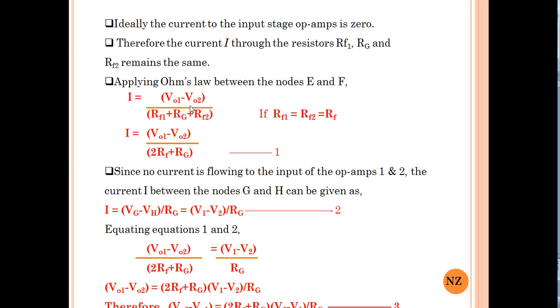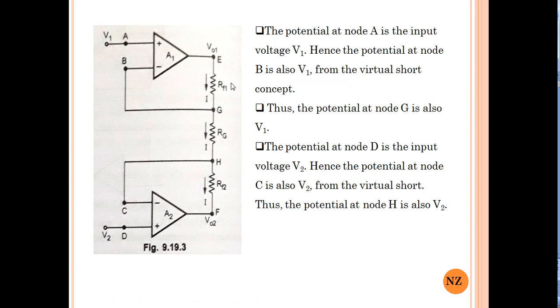By applying Ohm's law, we have the current I equal to V01 minus V02 divided by RF1 plus RG plus RF2, that is V01 minus V02 divided by the total resistance in this particular branch.